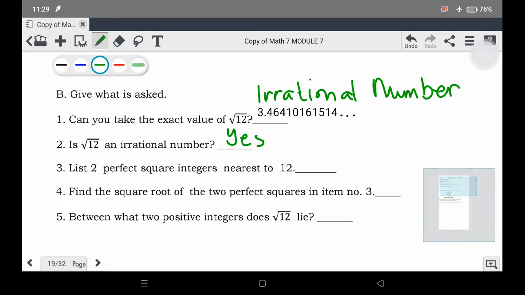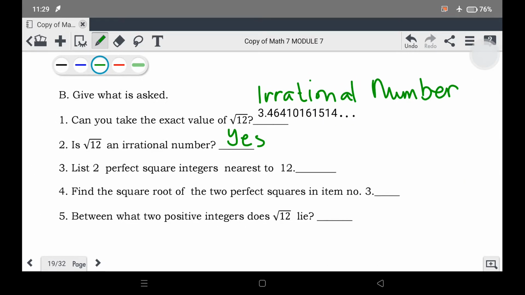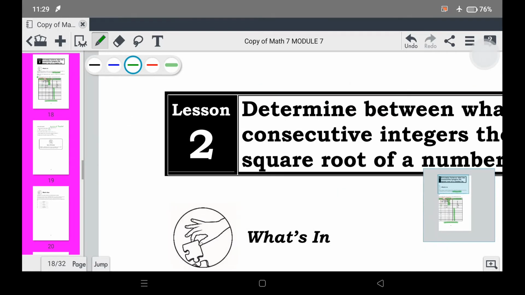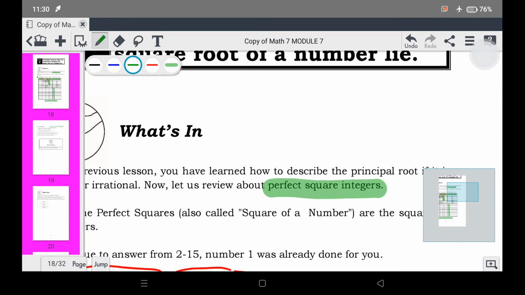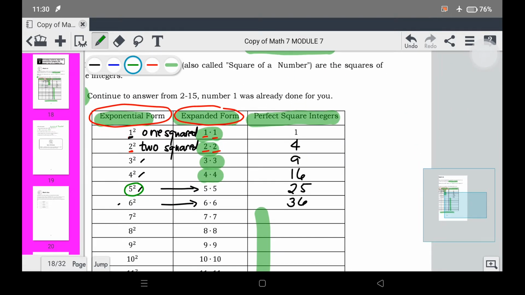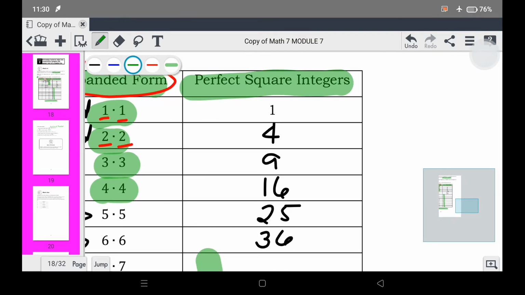So we're going to find the perfect squares nearest to 12. What are those two numbers? Let's go back to our previous page. That is why it is important for you to memorize or familiarize yourselves with the perfect squares. Given our perfect squares, where is 12 located between 1, 4, 9, 16, 25, 36?